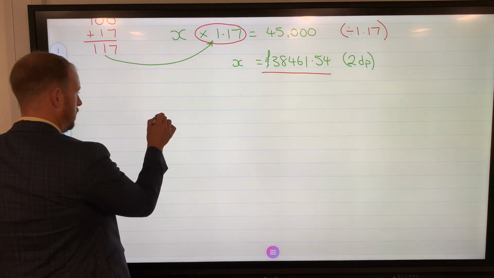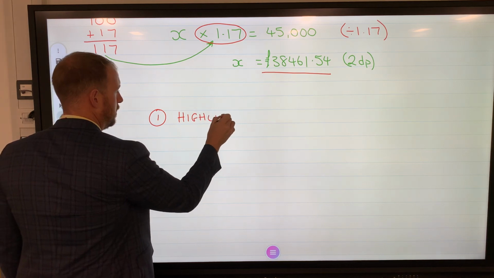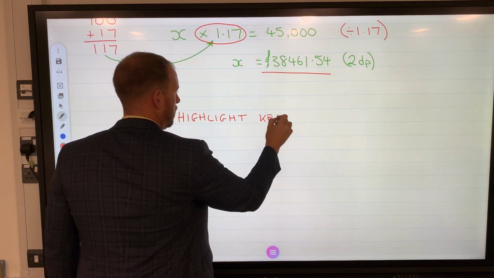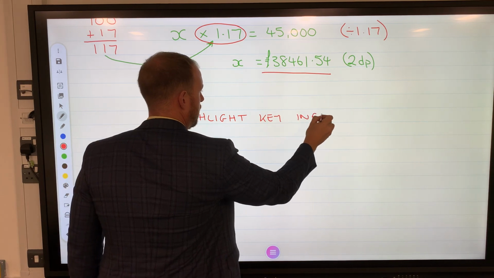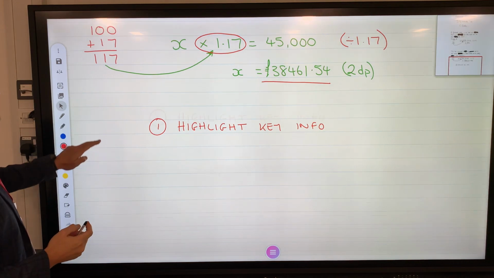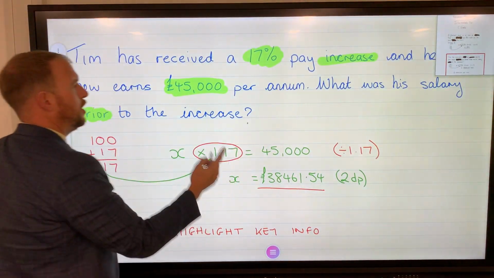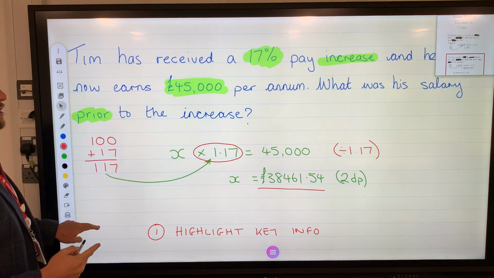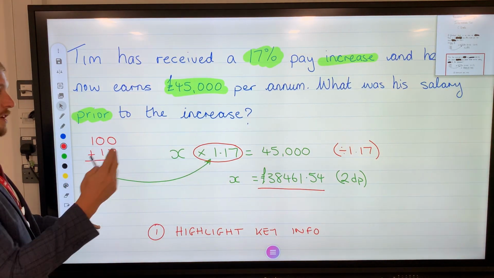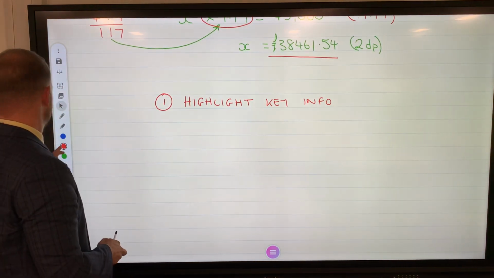First step, highlight key info. Highlight the key information. Look for those words that suggest something. I've got increase. The other one was a decrease question. Look for these words that can suggest whether it's an increase or a decrease. I've highlighted the key information.